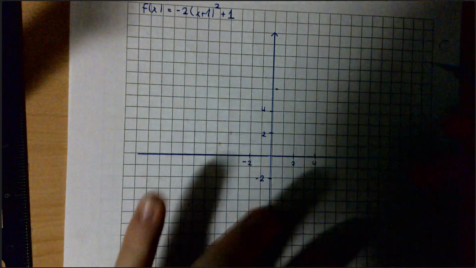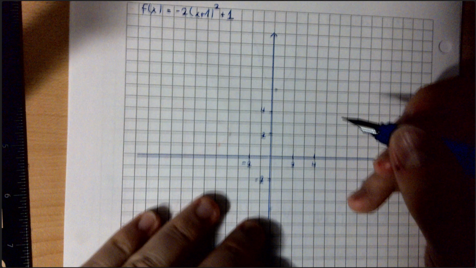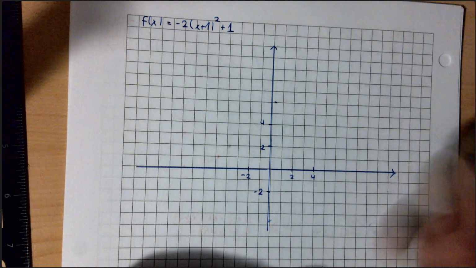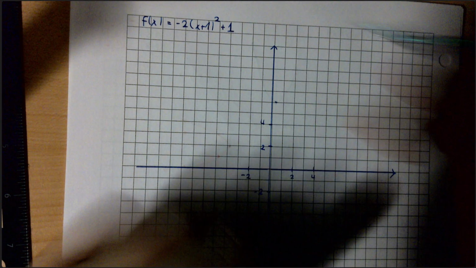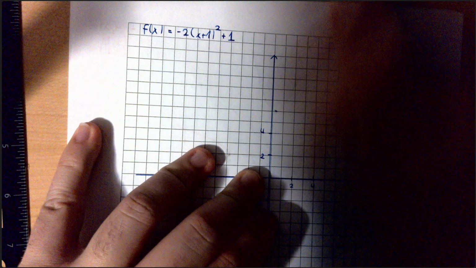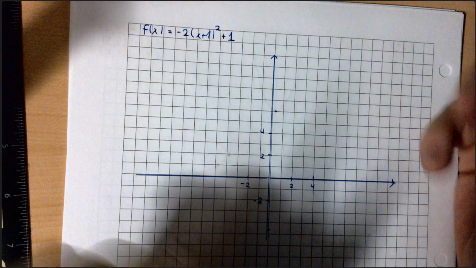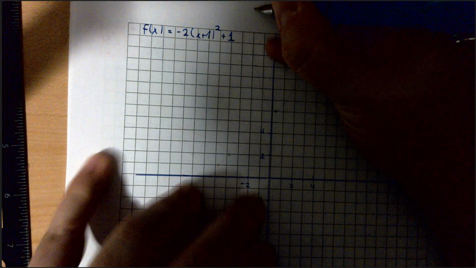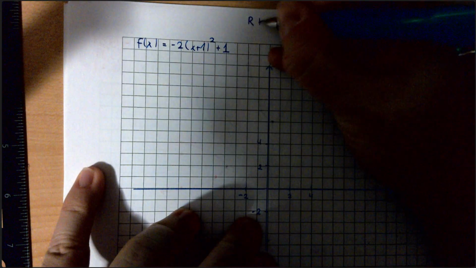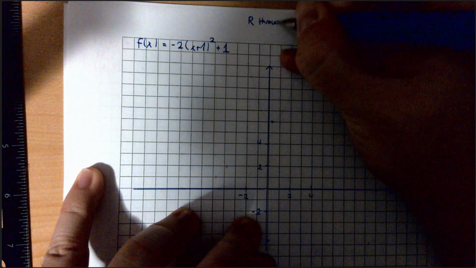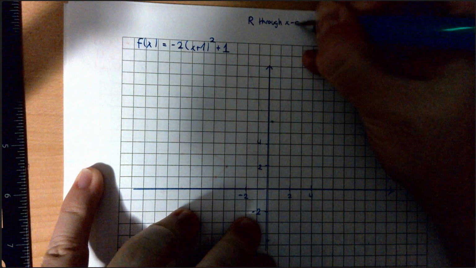Because we're all chapter 1 experts, now we can look at this and say, our parent function is y = x^2, and now I have to think, what were my changes? The first thing I can spot is the minus 2, and that tells me two things. I have a reflection, I'm going to do short forms, reflection through the x-axis.